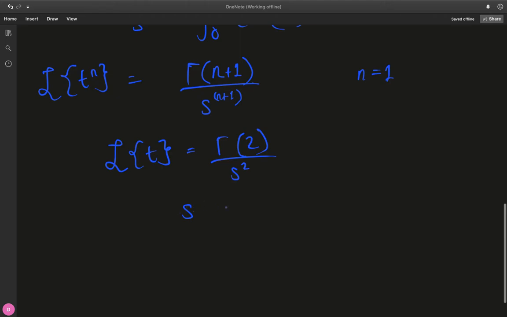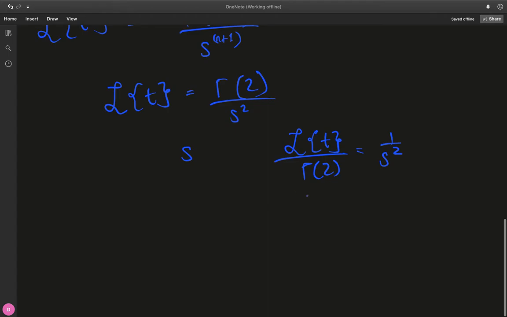Taking the gamma of 2 to that side, the Laplace transform of t divided by gamma of 2 is nothing but 1 over s squared. Now take the inverse Laplace transform, because the gamma of 2 is just 1 factorial, which is, well, 1.